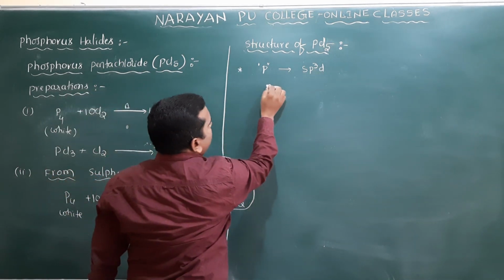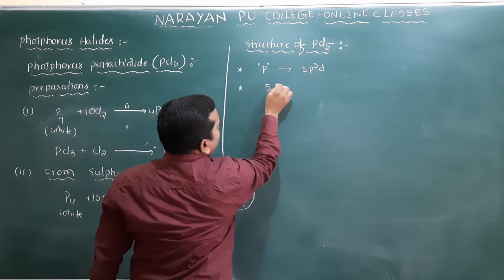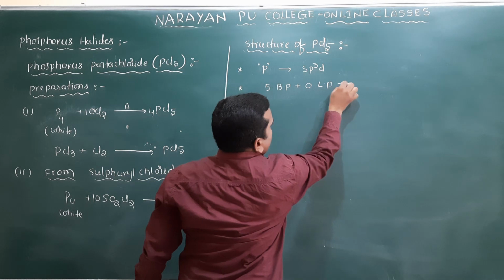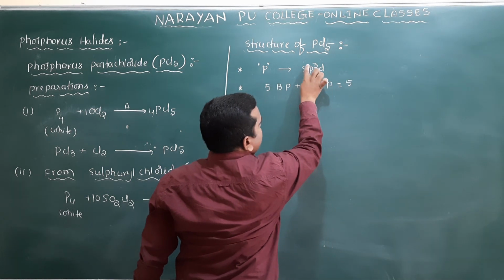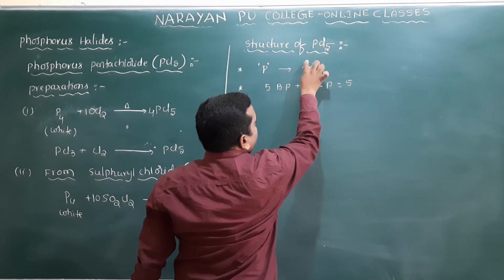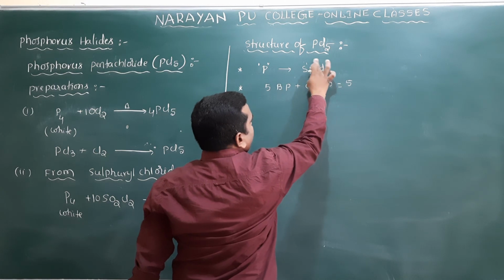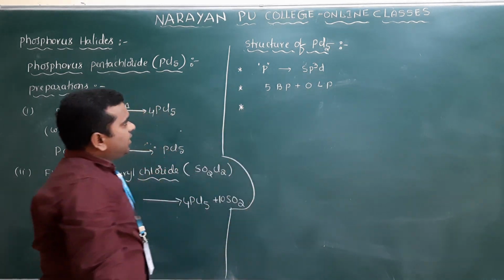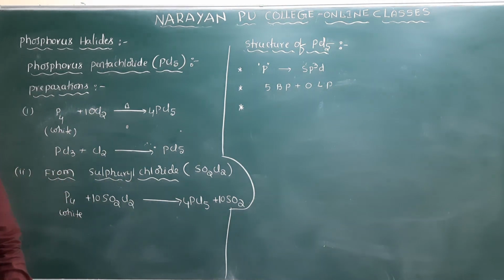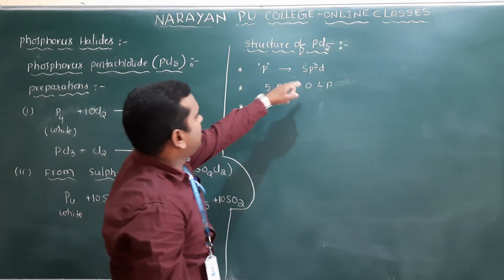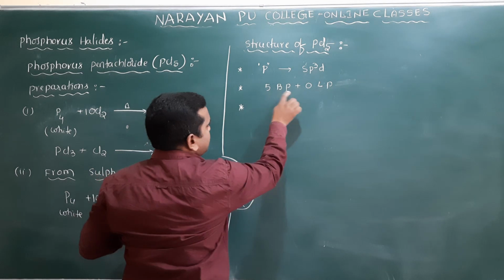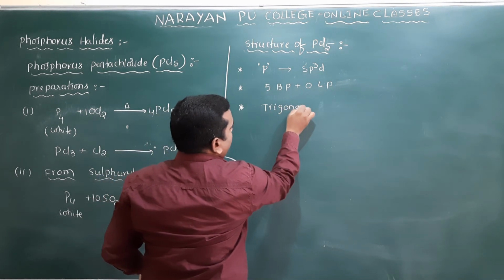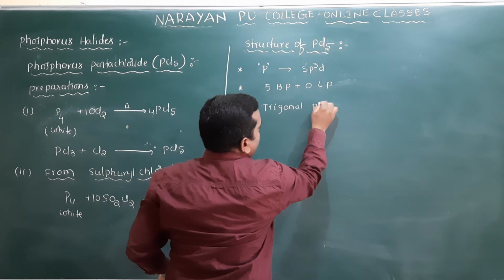Because there are 5 bond pairs and 0 lone pairs, so totally 5. 5 means sp3d: 3 plus 1 is 4, 4 plus 1 is 5. So whenever it is sp3d hybridization, what is the shape? Trigonal bipyramidal.